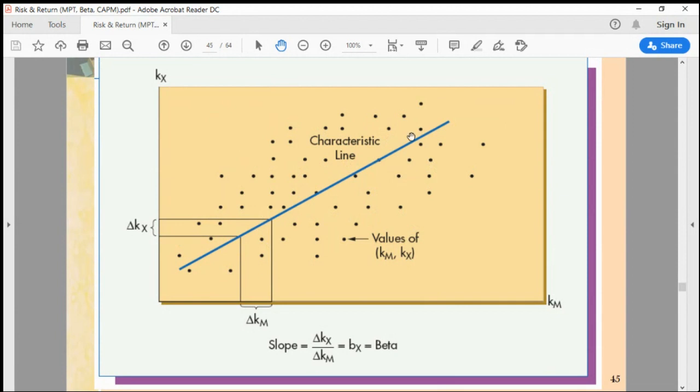And if there is no identifiable trend, where the dots are all over with no particular trend, that means there's no correlation. But at least in this example, these plots form an upward trend, or an upsloping trend, right?